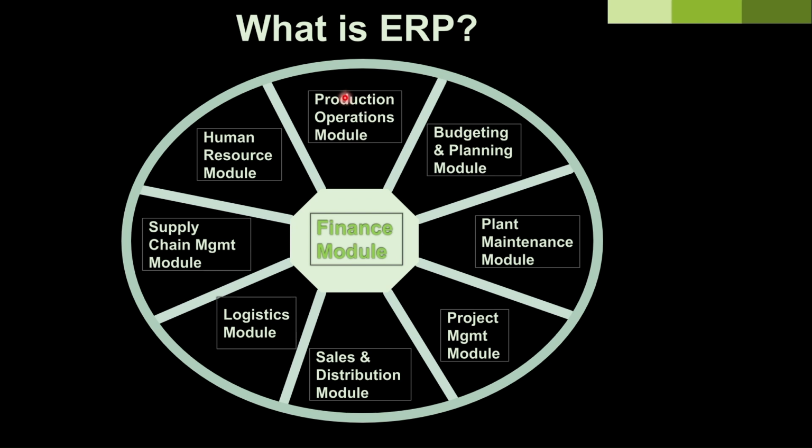The same thing if a part is to be replaced in an equipment, for instance, through the plant maintenance module. If a part is identified that is faulty in an equipment and is to be replaced, then the cost associated with the replacement of that part would automatically be posted behind the scenes into the finance module.